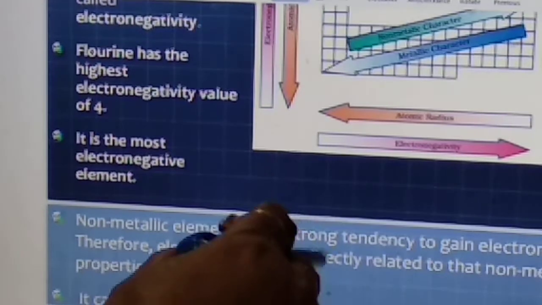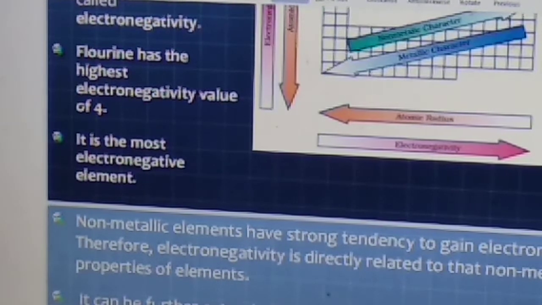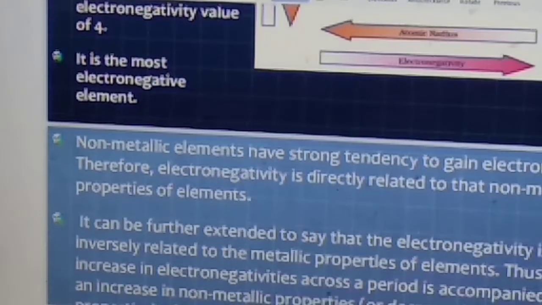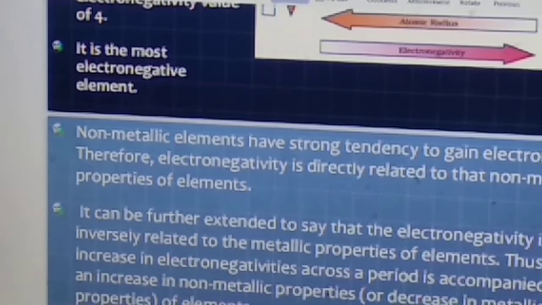Non-metal elements have a strong tendency to gain electrons. So from left to right, electronegativity will increase, and on moving down the group, electronegativity will decrease. It can be further extended to say that electronegativity is inversely related to the metallic properties of the elements.